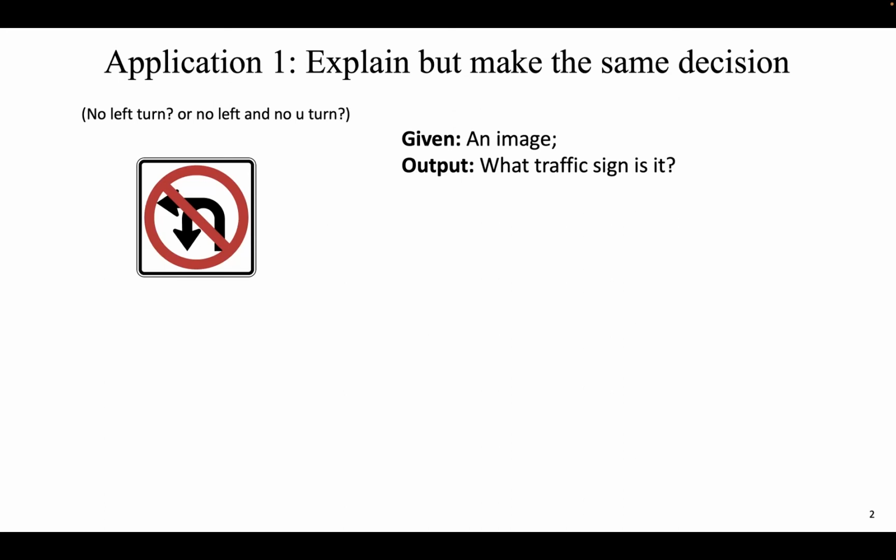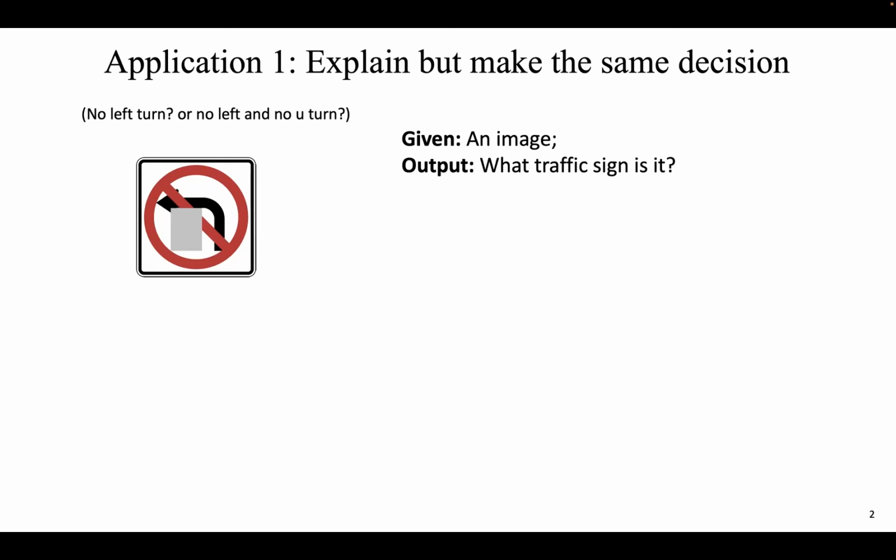Let's make the task a little harder and turn it into a real-world scenario. Say there is a gray patch on the traffic sign, either due to camera errors or something being fuzzy. Now the class is not that clear, so you classify the street sign as either no left turn or no left turn and no U-turn.